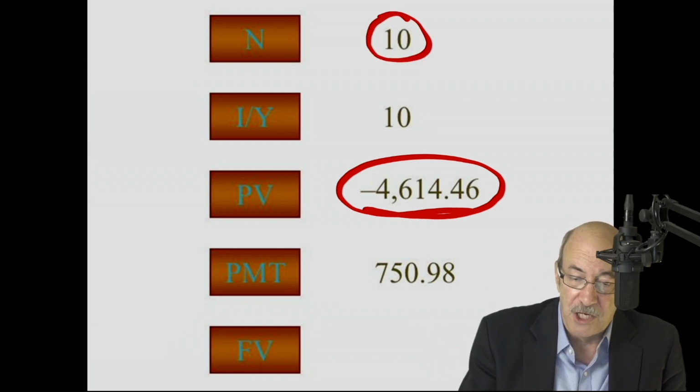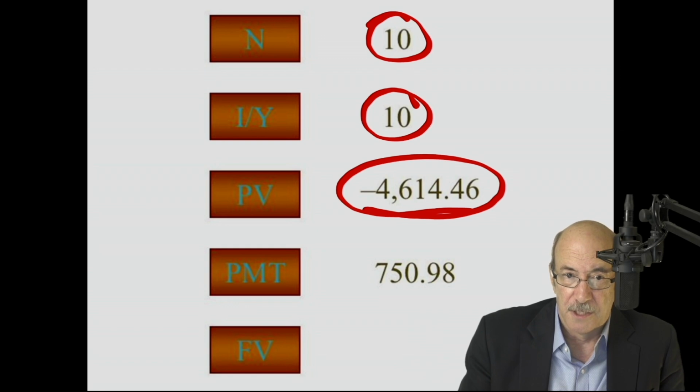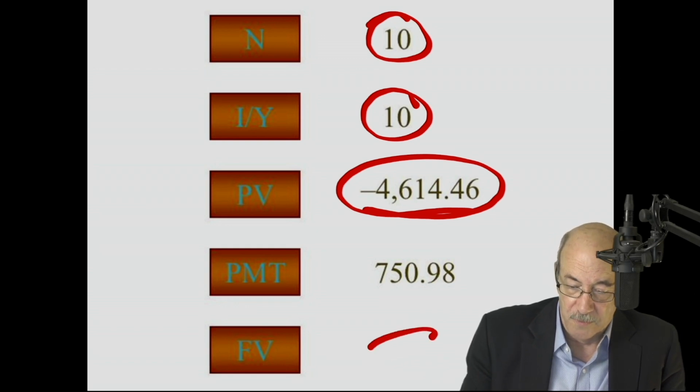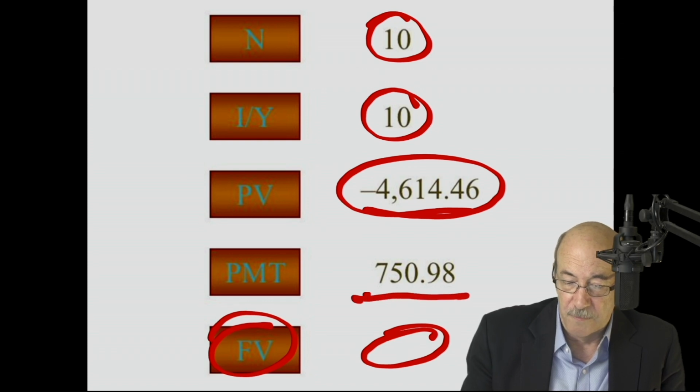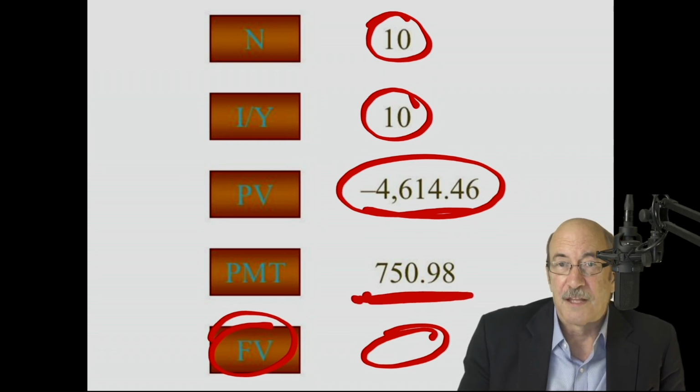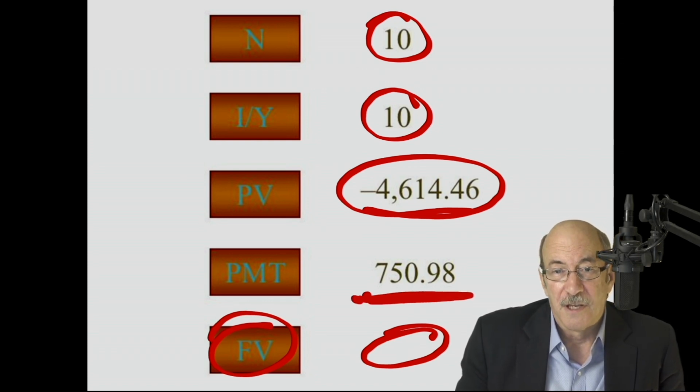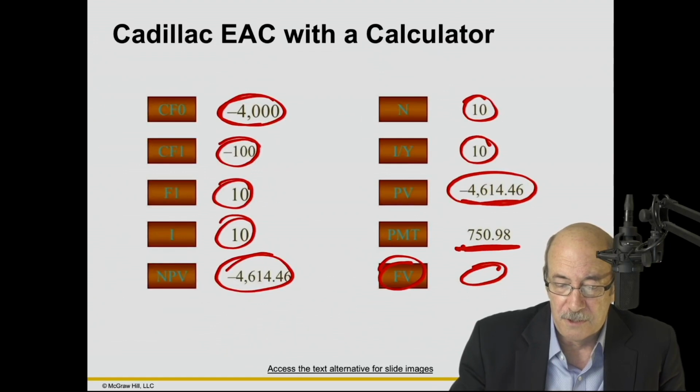I've got 10 years. I'm going to use that discount rate of 10%, and then I'm going to assume a 0 future value, and I solve for the payment. That's the annual payment, and that turns out to be $750.98. Plug it into your own calculators and give that a try. Make sure that you understand that.